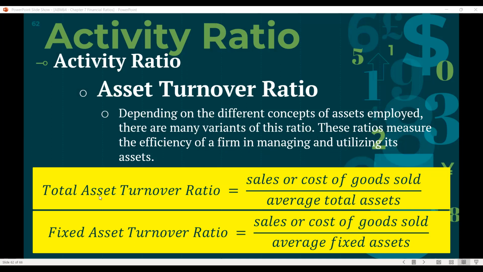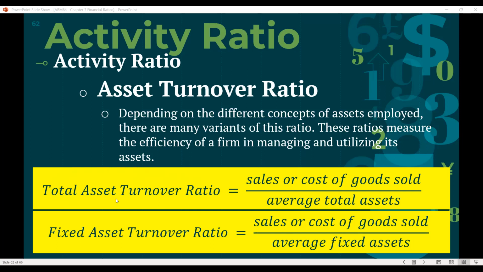So we have total asset turnover ratio. That would be sales or cost of goods sold over the average total assets, or fixed assets turnover ratio, sales or cost of goods sold over the average fixed assets. So it depends on you. Would you like to have the total assets calculated, or just focus on fixed assets?